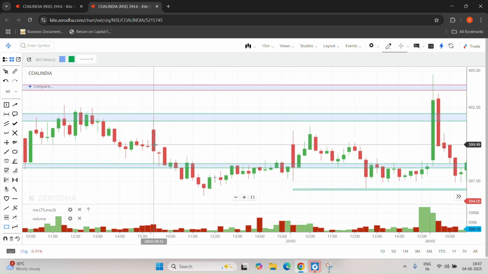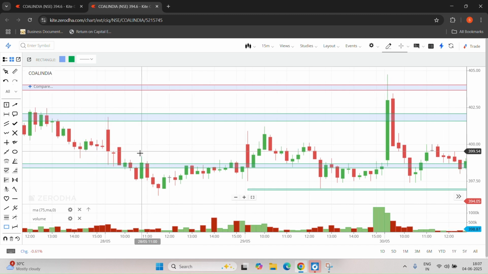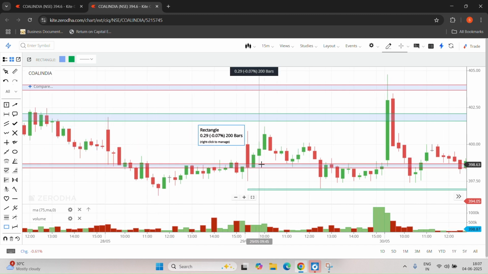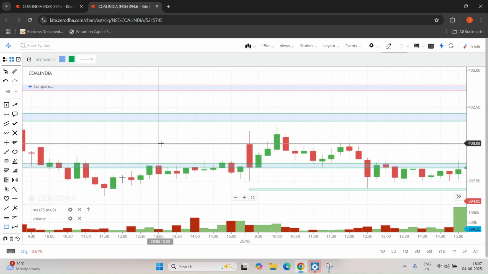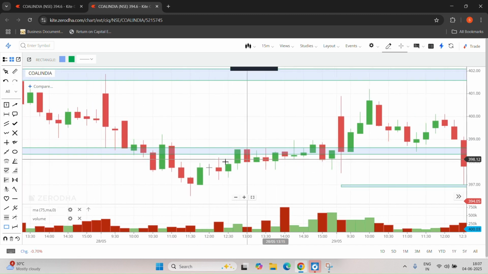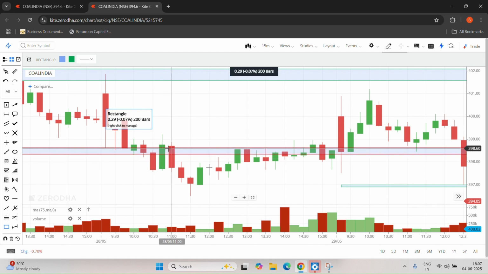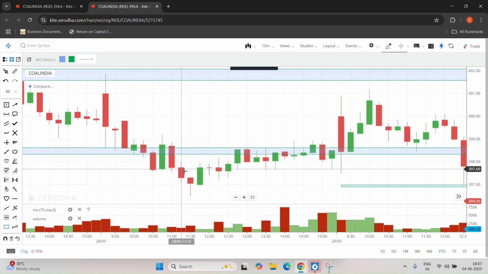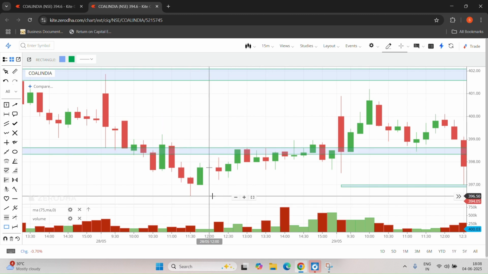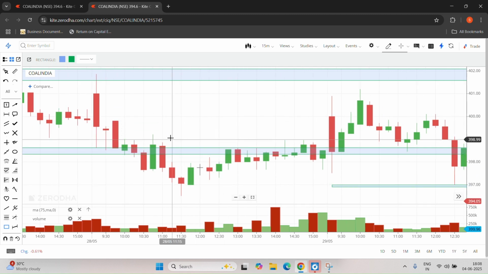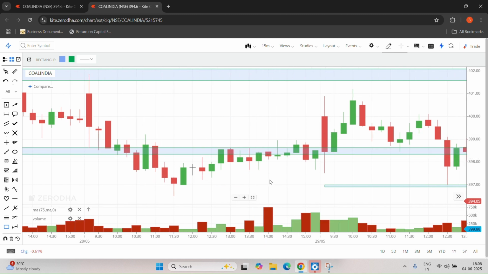On the next trading day, that was on 20th, see how well it reacted. It came down, but it traded below the support the whole day. The price was trading below the support, so if you had shorted here at 398, you could get around 3 rupees, and your stop loss was protected for the whole day.